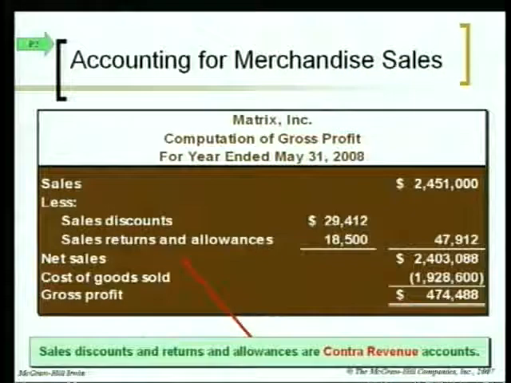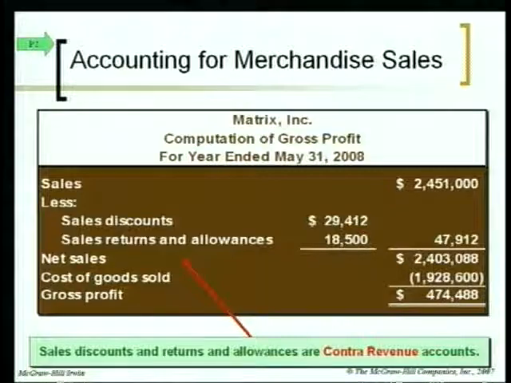So contra revenue accounts are debit balance accounts. Okay? Now, if you haven't figured me out by now, I love to ask on the test, what type of account is blank? Because my feeling is if a student doesn't know what type of account it is, doesn't know what financial statement it is, doesn't know if it's a normal debit or credit balance, then they probably don't know what's going on, okay?